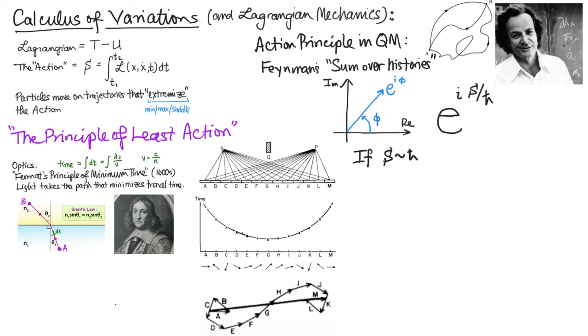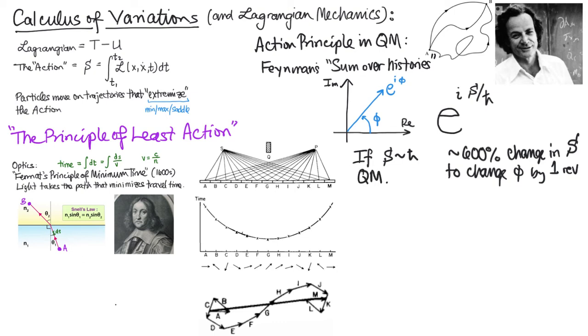That means you need something on the order of 600%, or 2 pi times 100%, change in S, the action, to change phi by one revolution. In other words, that photon arrow, you'd have to have a big change in the action in order for the arrow to spin one time. Okay, so this is the quantum regime, right? When quantities in your problem are on the order of h bar, Planck's constant.